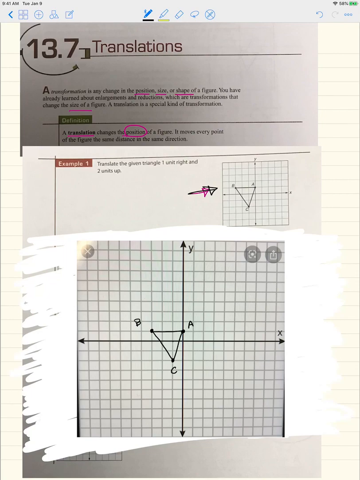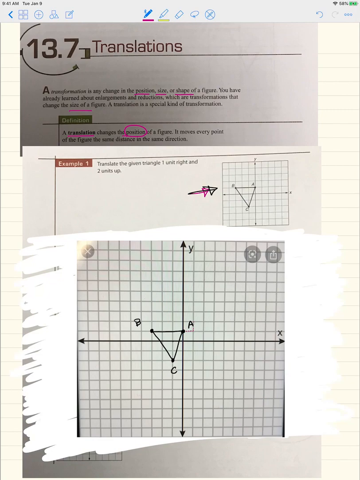Now, we were instructed to translate this triangle, to move the position of this triangle 1 unit right and 2 units up. So what we have to do is move each one of the points of this triangle 1 unit right and 2 units up. So I'm going to start with point A. Here we are, point A, and we need to move it 1 unit to the right. So I'm going to just dash these lines here. Here is 1 unit to the right and 2 units up.